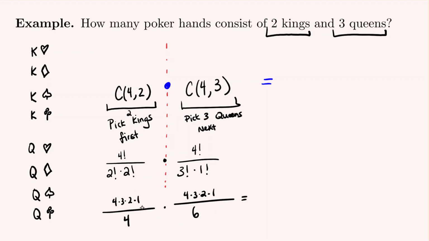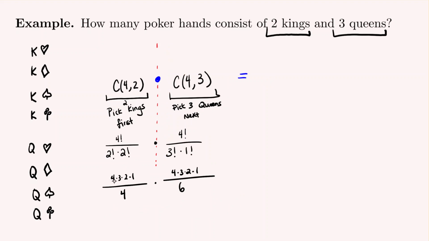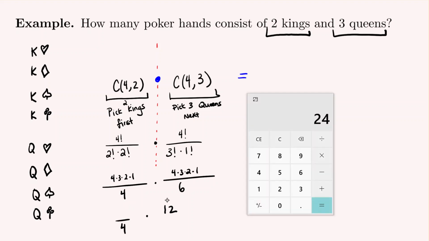So this first one will give us 4 times 3 times 2 times 1, excuse me, it's not 12, it's 24. 4 times 3 times 2 times 1 is 24.